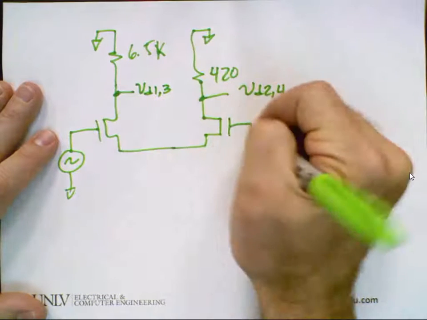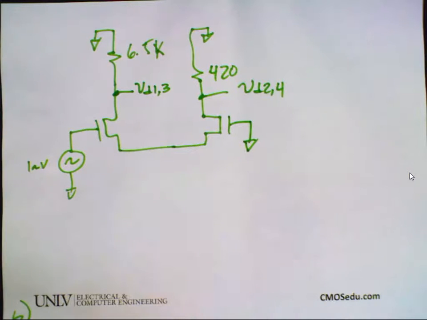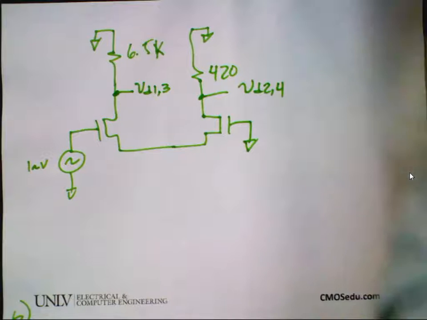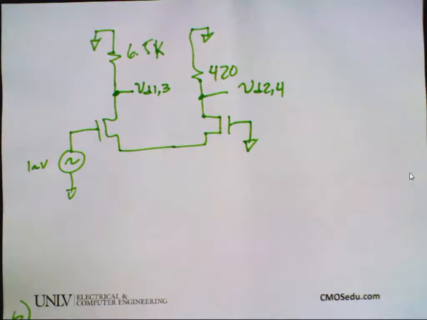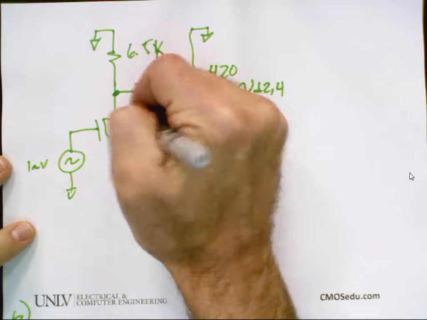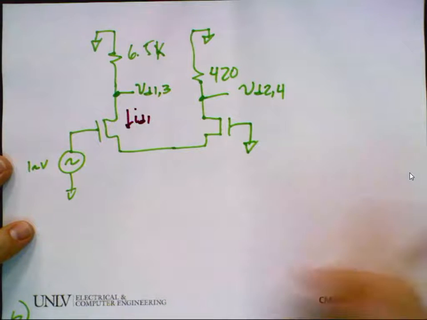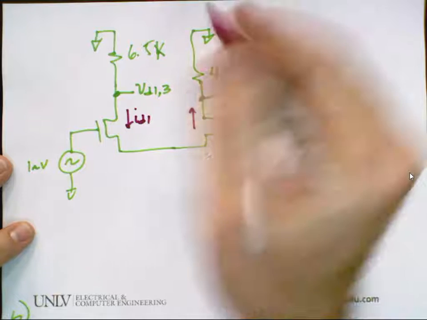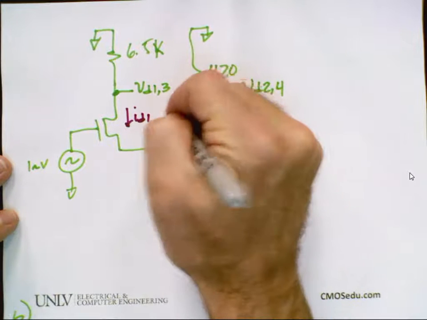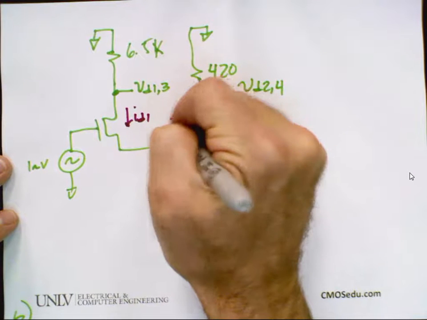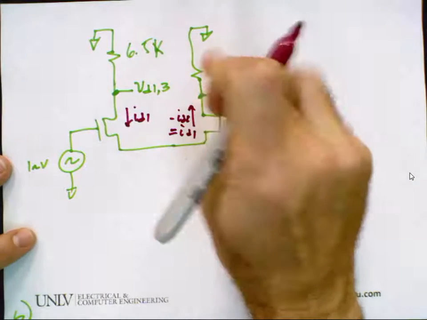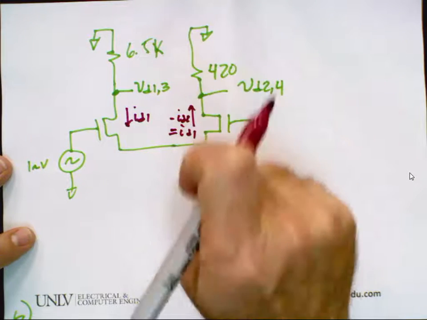And then this is AC ground. I'm going to call this current ID1, and this current here is minus ID2, which equals ID1, because ID2, by definition, is the current that flows from the drain to the source.